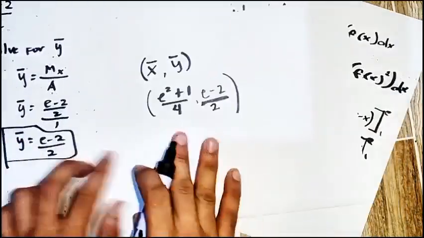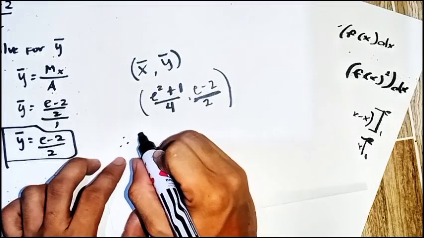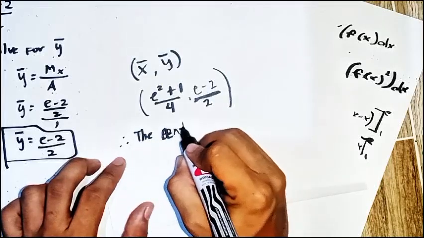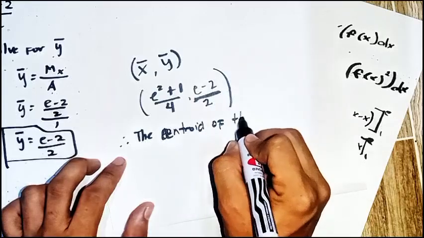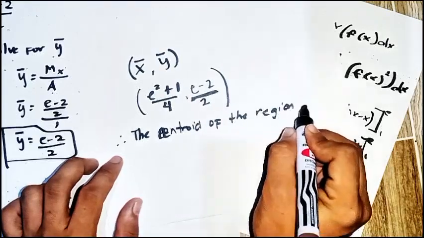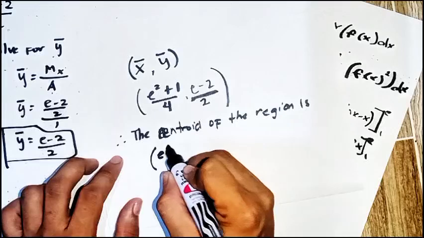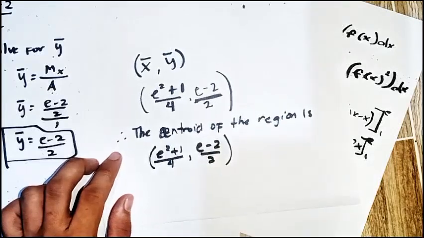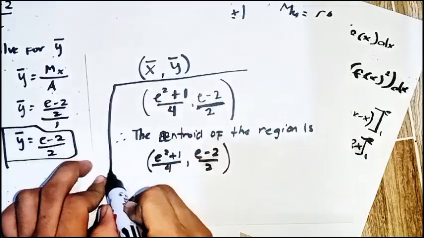Therefore, this is now our centroid. Therefore, the centroid of the region is e squared plus 1 over 4 and e minus 2 over 2. This is now our answer.